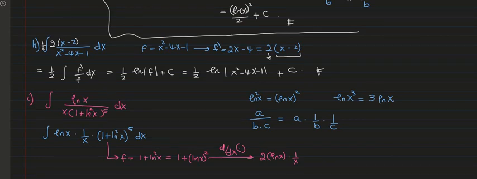Okay, here comes the comparison stage. We need to compare this with what's beside that bracket, which we called f. So the 1 over x is there. This is very good. And the ln x as well is there. What's only left is the 2.